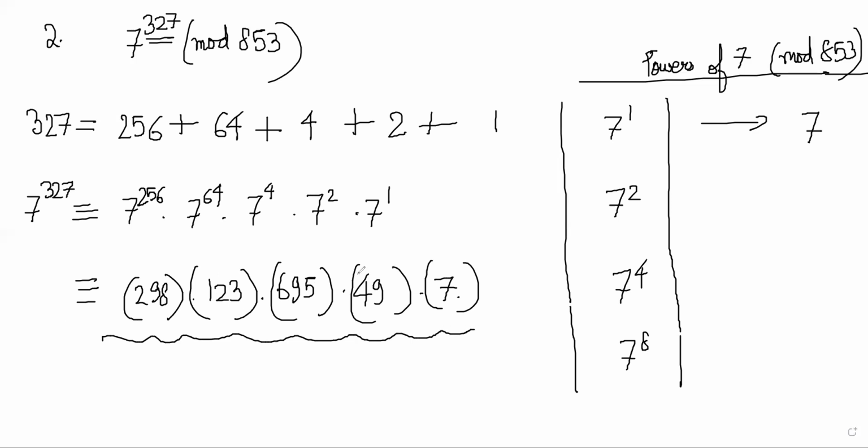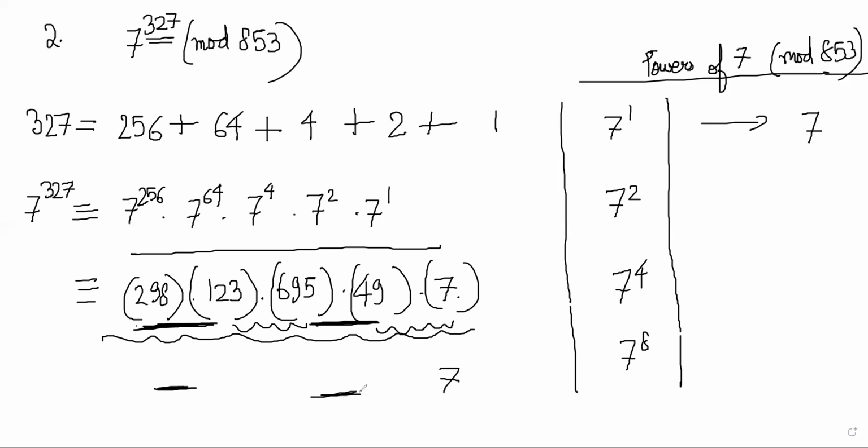So one way to calculate it is to do all the multiplications and then do the mod. But a better way would be to do partial multiplications and do the mod in each step. You can multiply 298 and 123 and do mod here. That will be something mod 853. Then do 695 and 497. That will be something mod 853, and then 7 is 7.